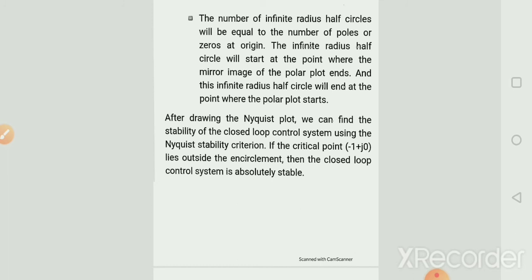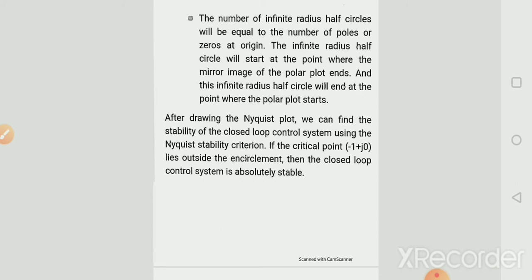After drawing the Nyquist plot, we can find the stability of the closed loop system using the Nyquist stability criterion.